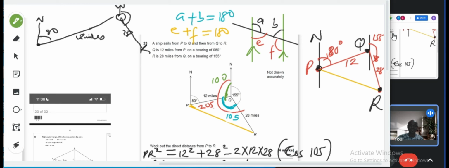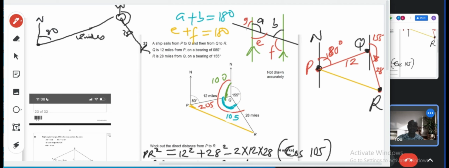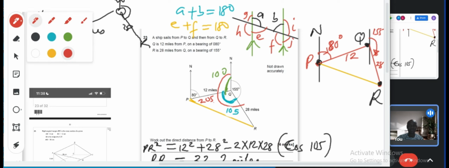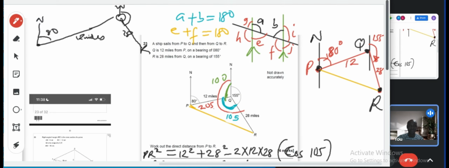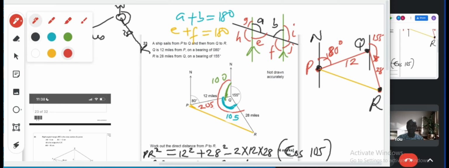And then corresponding angles. Since we touched on it, let me just add it. Let me call these G, H, I, J. Alternate angles are equal.